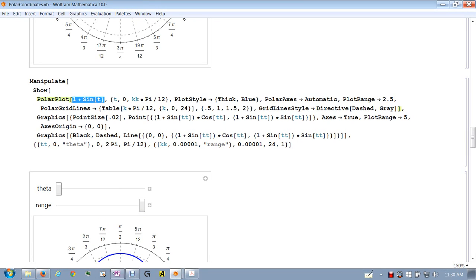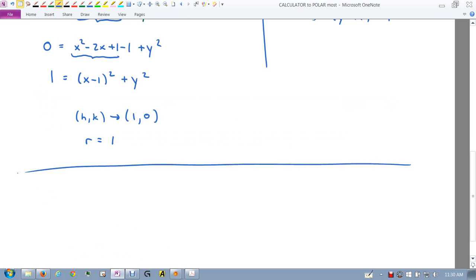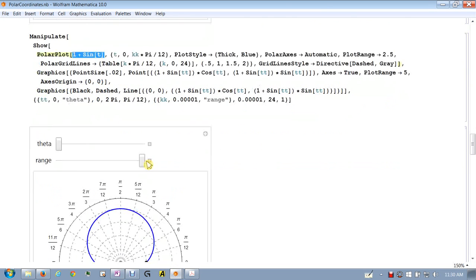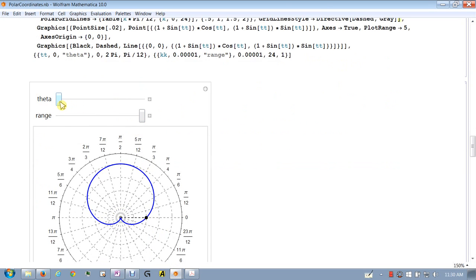I'm not going to ask you to graph this by hand, but as the next example, r equals 1 plus sine theta. If we were to graph this using your calculator or by hand, you would get this. As you move around, it comes back.